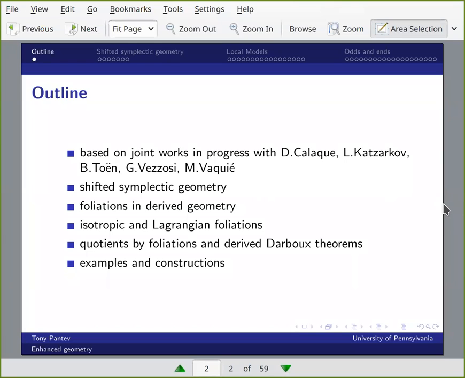There is some kind of a disconnect between the two approaches to modeling parameter spaces, and what this story is about is to try to connect them.